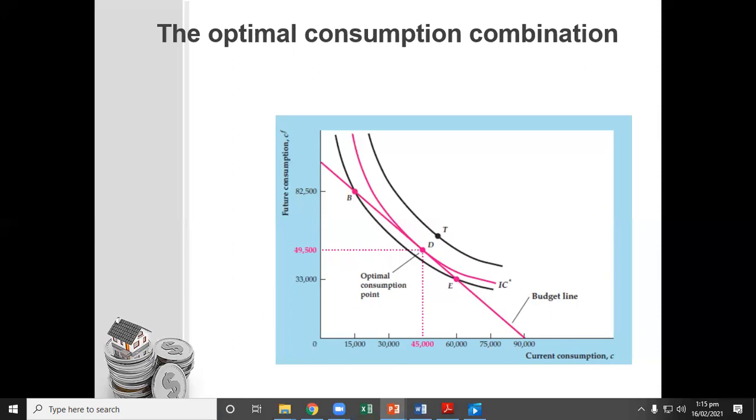The individual will prefer the consumption combination at point T to the one at B, but as T lies above the budget line, the individual cannot afford the consumption combination that it represents.